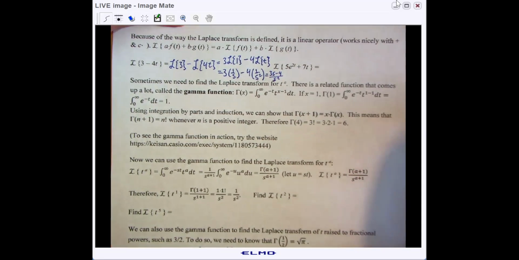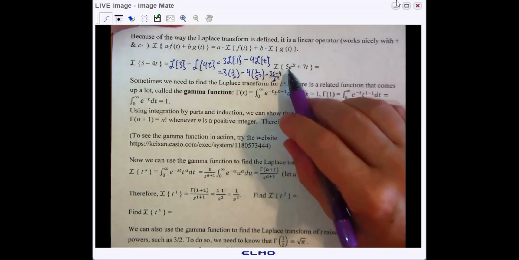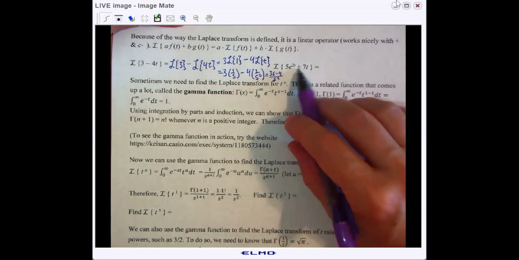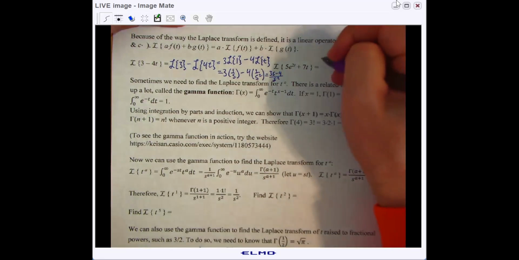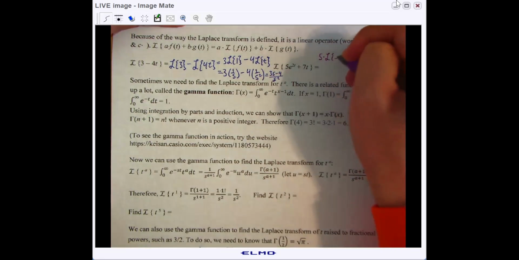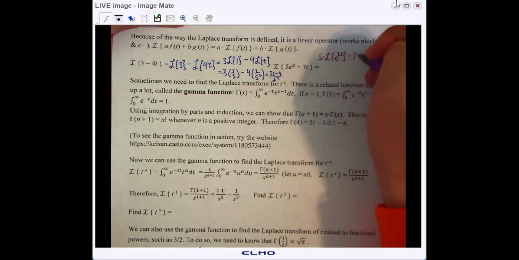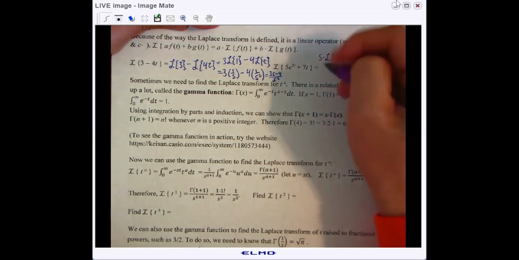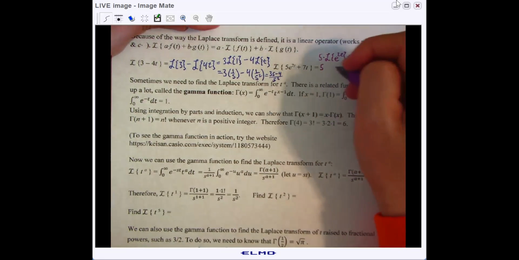Okay. How about this guy, the Laplace transform of 5 times e to the 2t plus 7t? Well, that's going to be 5 times the Laplace transform for e to the 2t plus 7 times the Laplace transform for t. And we got done doing it just a second ago.